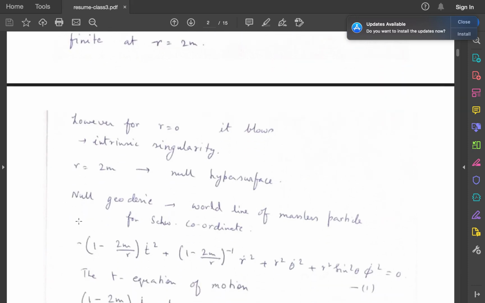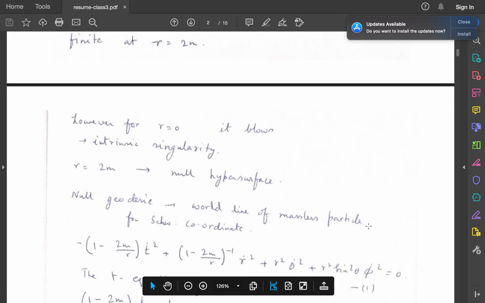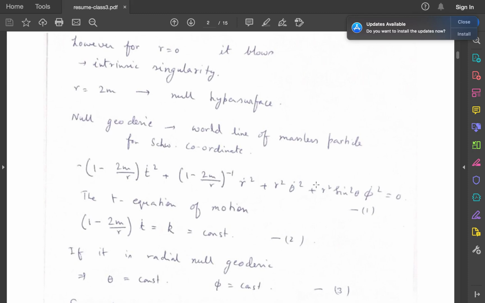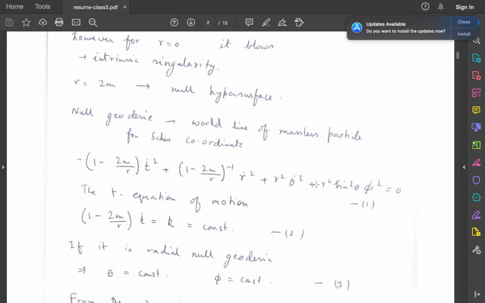Now, we also will encounter something known as null geodesics from now on. What are null geodesics? Null geodesics are nothing but world lines of massless particles in Schwarzschild coordinates. Okay, so it is the path along which light or a massless particle travels.